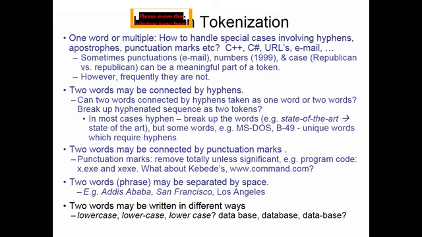Data space base, or data and the base are written without space, or there is a hyphen between data and the base. See also lowercase, how we are writing. So whenever we tokenize, rather than just using a space and punctuation marks for splitting, we have to create a convention.